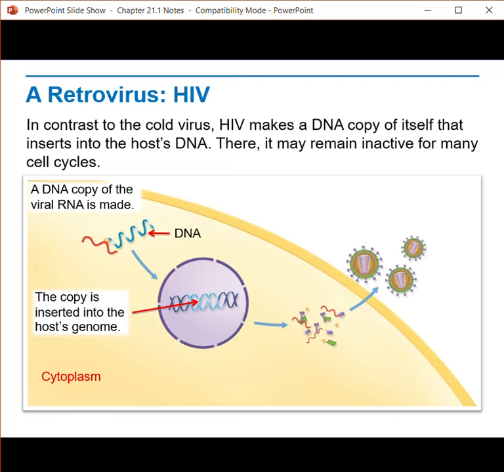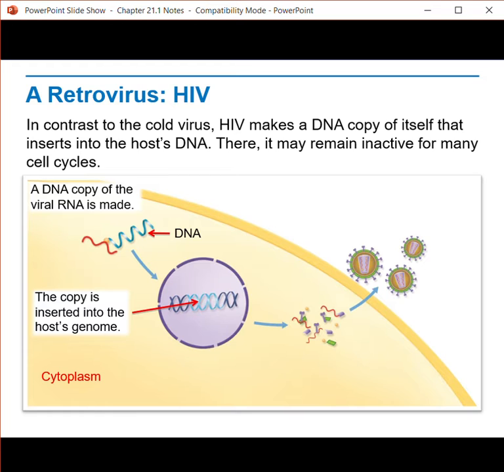So as we're understanding some of these things, let's also connect the dots and understand where it's coming from and why something is happening. So we understand that here, a DNA copy of viral DNA is made, and the copy is inserted into the host genome.